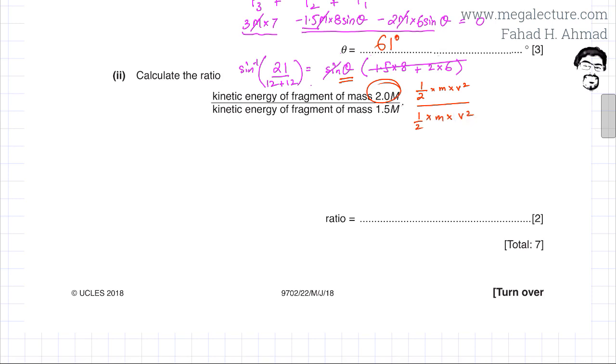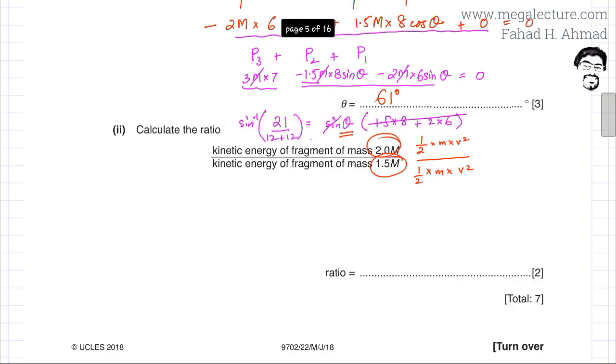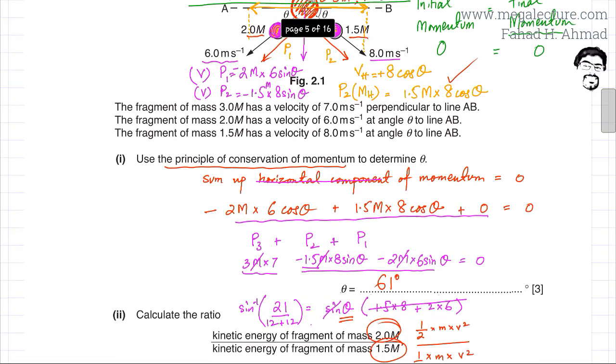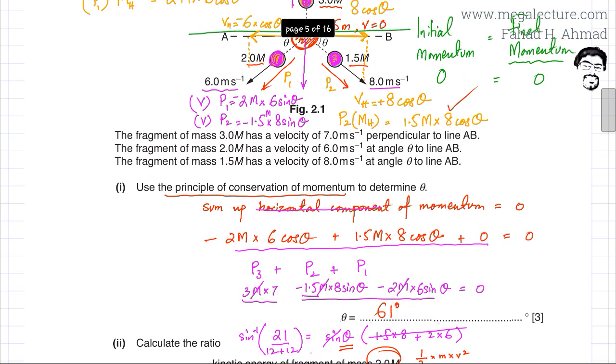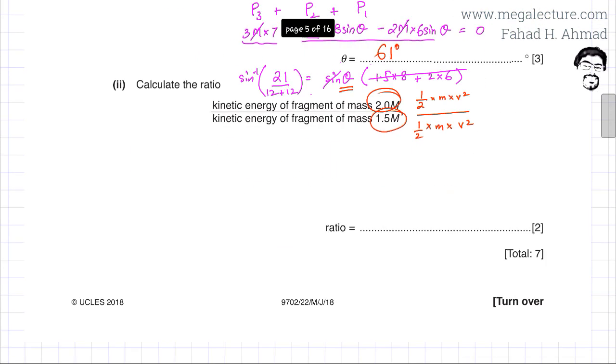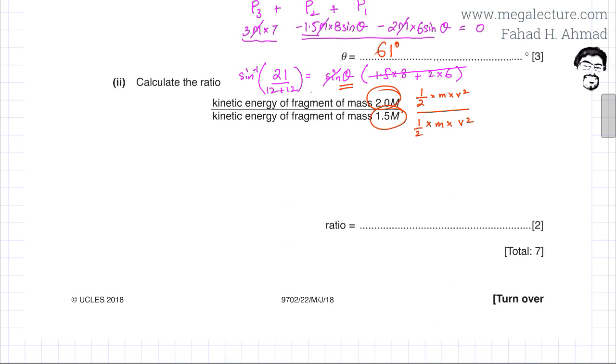For this particle, let's go back to our diagram, the 2m particle. We don't need to actually look at the diagram, it's written over here. The 2m particle has a velocity of 6 meters per second.